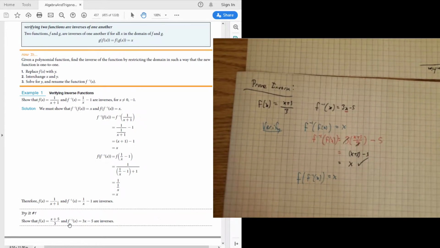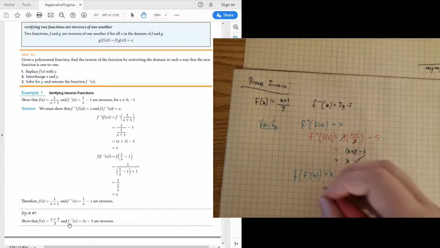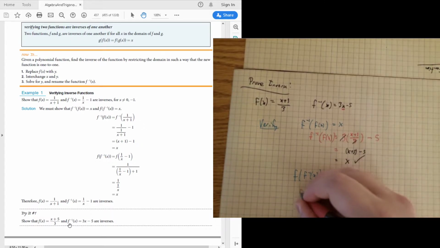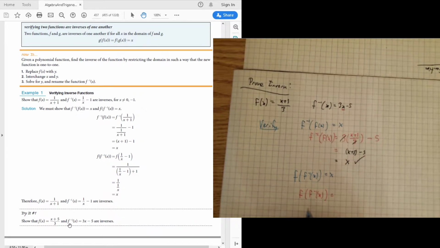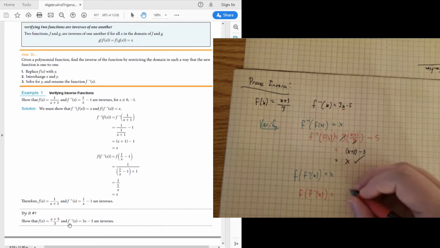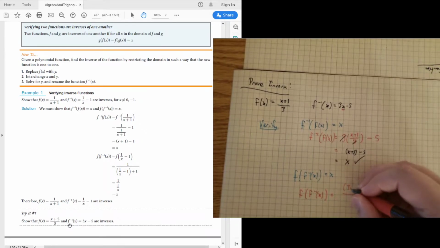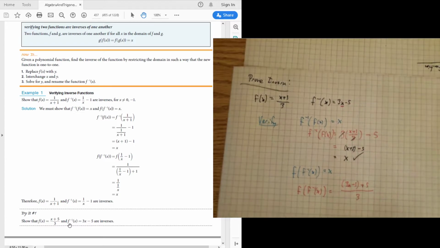Notice that if we do the exact same test down here, the same thing happens. We take our f function, and we plug in f inverse, meaning everywhere in the f function there is an x, we're going to replace it with f inverse. So we take the f function, which is x plus 5, and everywhere there used to be an x, we're going to replace with 3x minus 5.